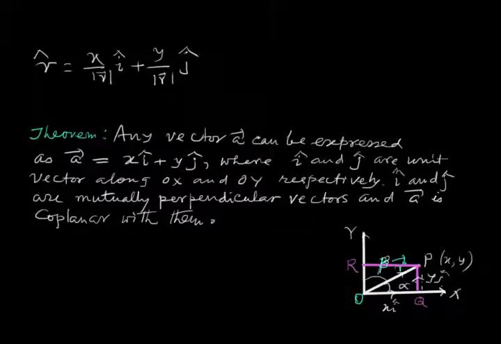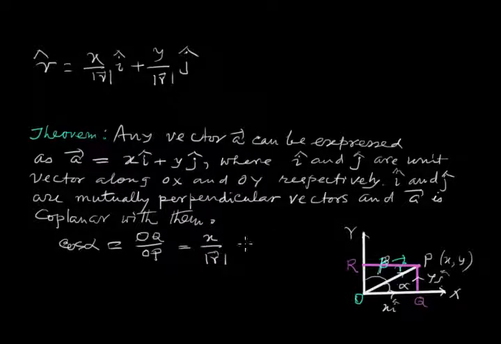Now, if you take the angle made by OP along the x-axis as alpha, and if you define the angle of OP with the y-axis as beta, so you'll get the value of cos alpha. Cos alpha is equal to OQ by OP, x by mod R, and we name it as l.